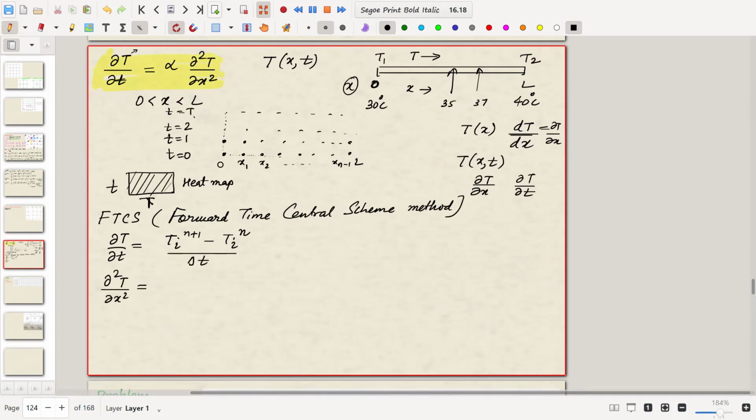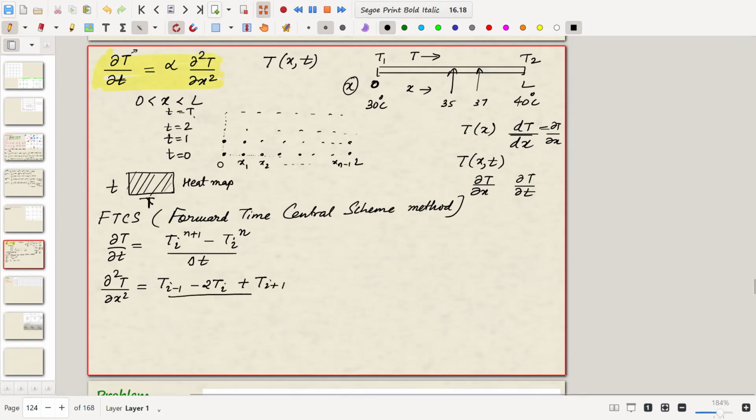How we wrote previously dou 2u by dou x2: left minus 2 times mean plus right. So T(i minus 1) minus 2 times T(i) plus T(i plus 1), divided by delta x squared, or h squared, the step size in the spatial direction.